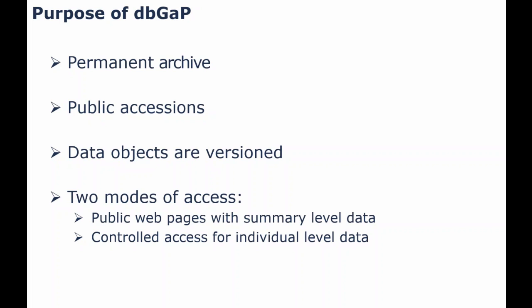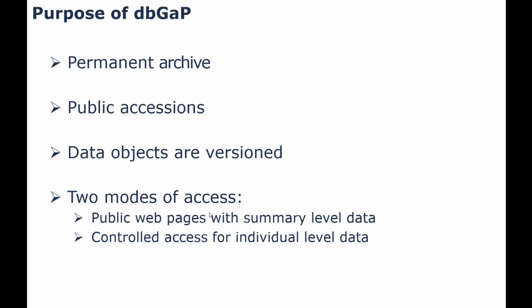To get into the meat of the talk, the purpose of dbGaP primarily is a permanent archive. It provides public accessions that can be referenced in future manuscripts referencing the data. We have several data objects that are versioned so that they can be updated, data can be redacted or appended to as new data becomes available.